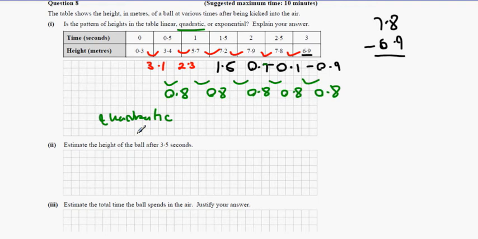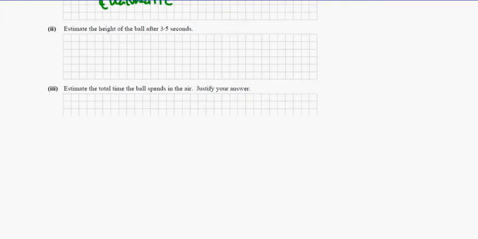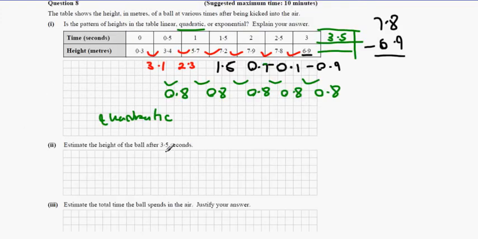Now, it says estimate the height of the ball after 3.5 seconds. Well, we're going to have to do the quadratic sequence. It says the first one's an estimate of 3.5 seconds.